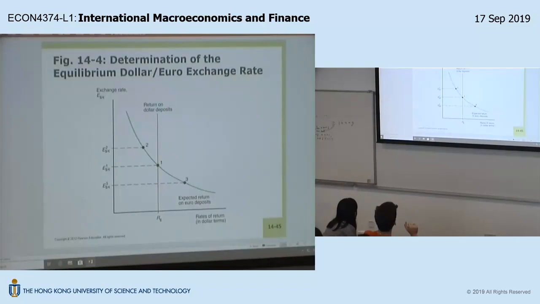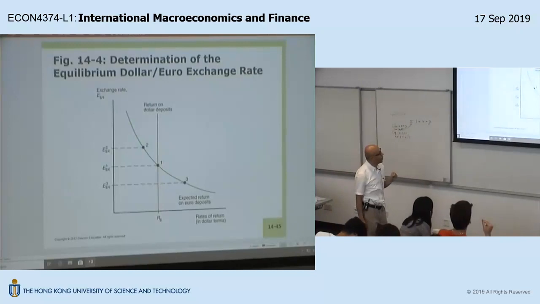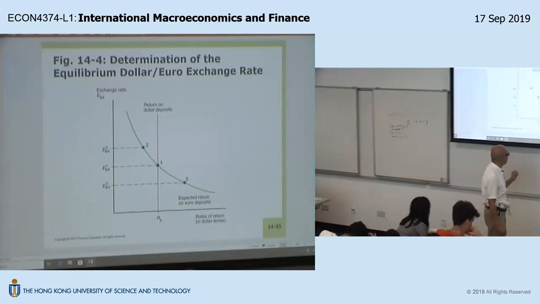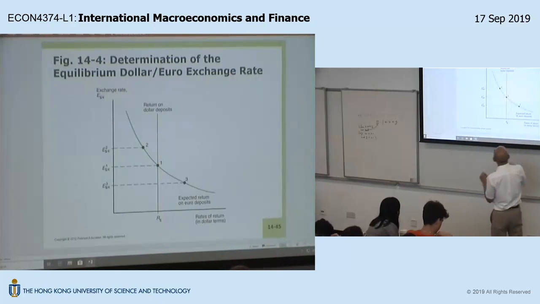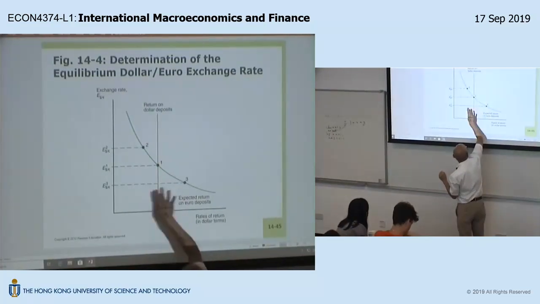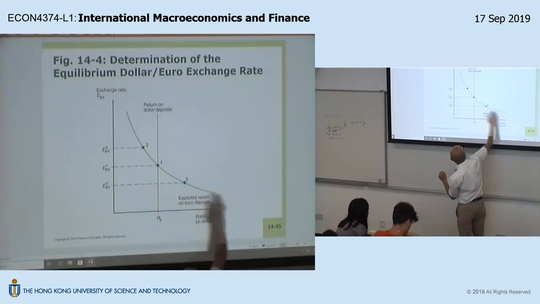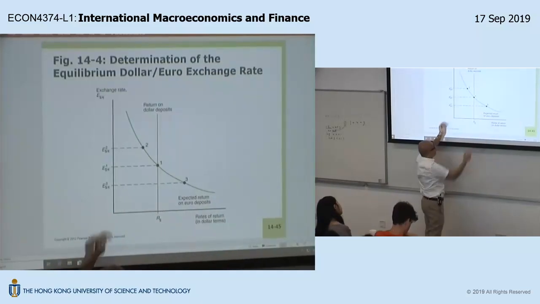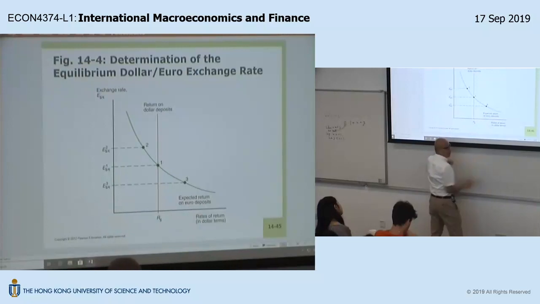So given that E^e is exogenous, and the euro interest rate is also exogenous, remember this green curve: the horizontal magnitude of the green curve gives you the dollar rate of return on euro deposit.